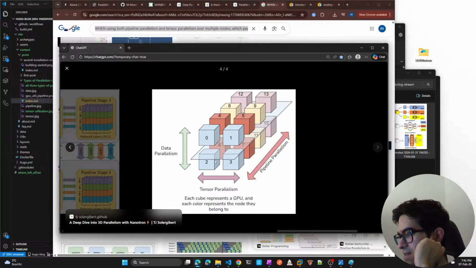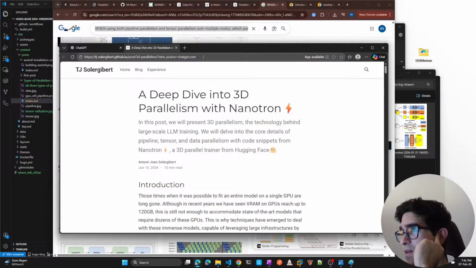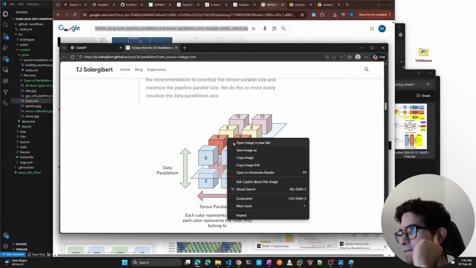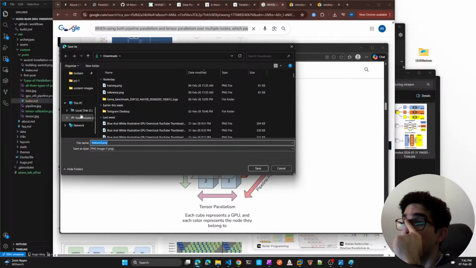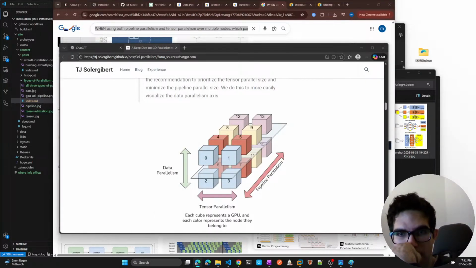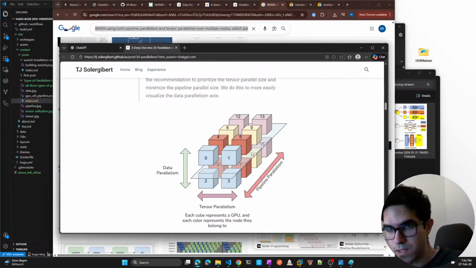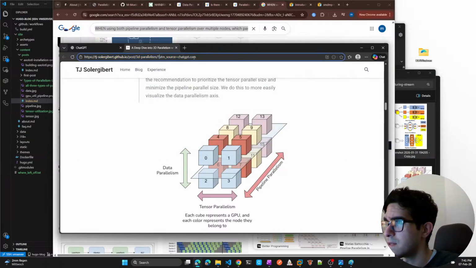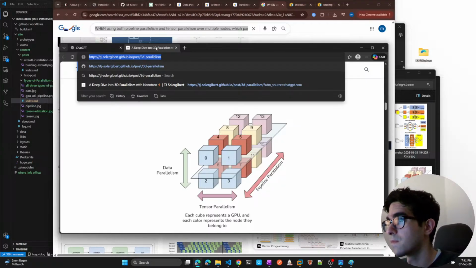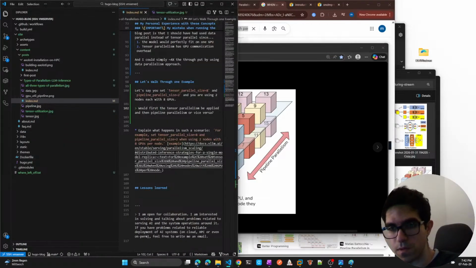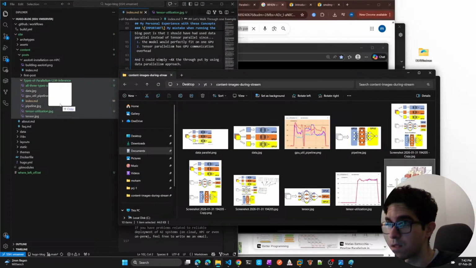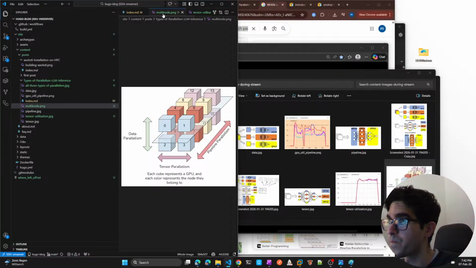Okay, this would be multi-node, and then in my blog post I will copy this.